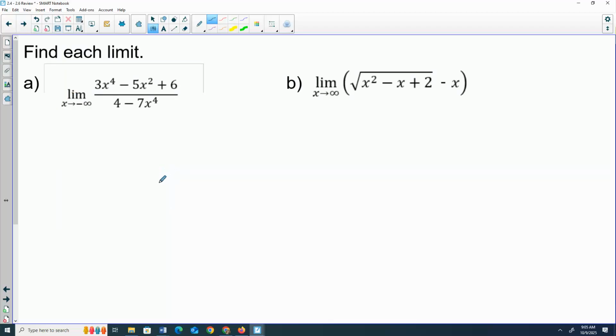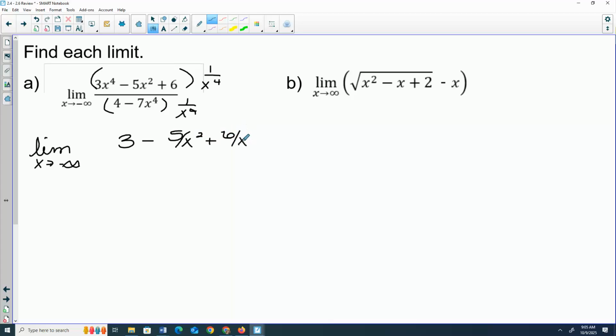Then we got into calculating these infinite limits. In a fraction, what was our strategy? 1 over the highest degree or highest power of x. So that would be 1 over x to the 4th. So that would give me a 3 minus 5 over x squared plus 6 over x to the 4th.